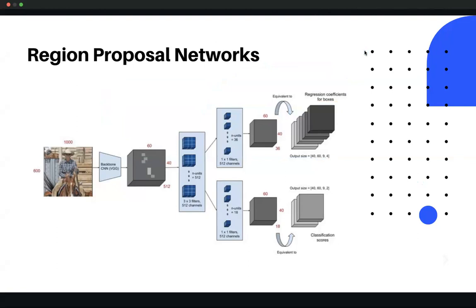And instead of just relying on a specific heuristic or a greedy algorithm to give us optimal object sizes and object borders, now we are using this neural network, the regression coefficients for the boxes part, which actually proposes the perfect and most optimal borders for whatever object you are training on.